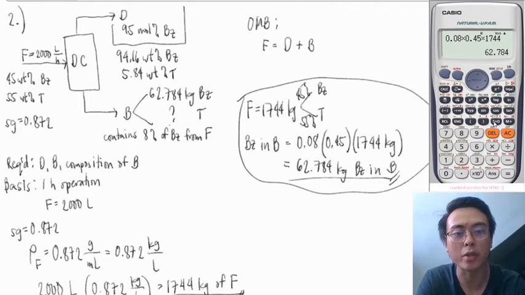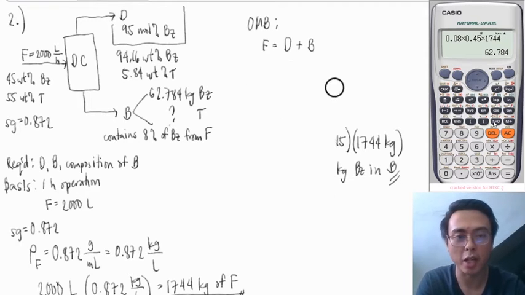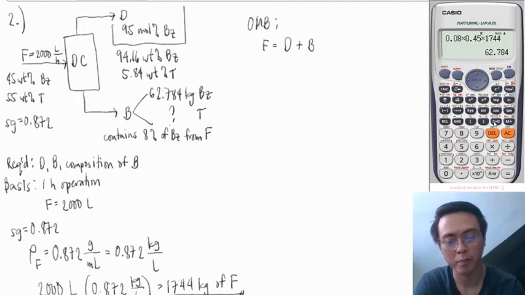Well anyway, we just need to get the value or the mass of B. At this point, we can now proceed to our OMB because everything now is in mass.